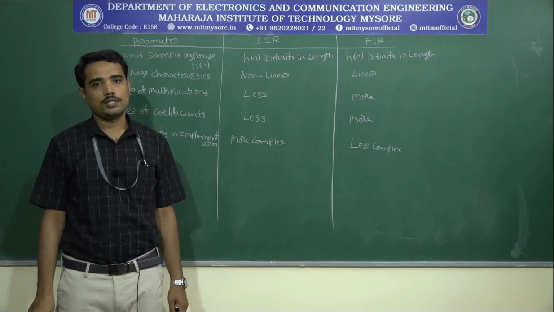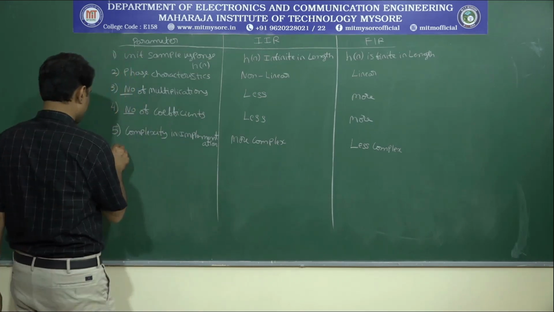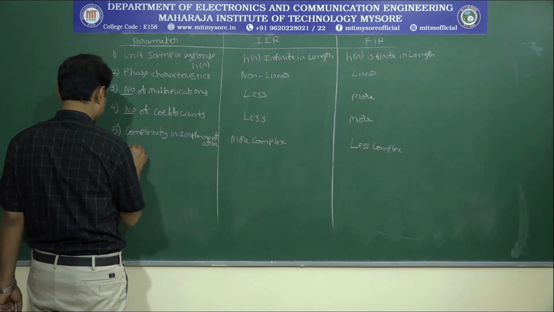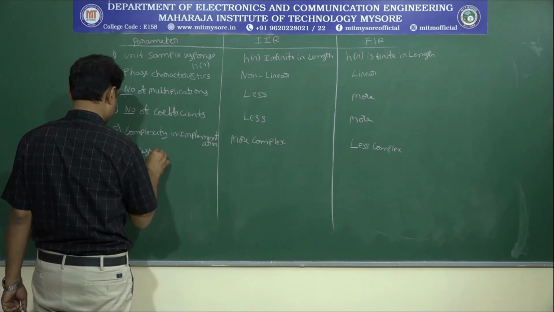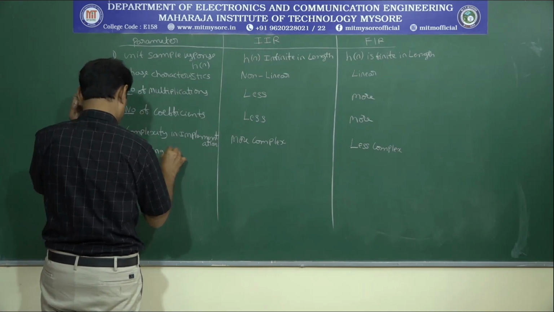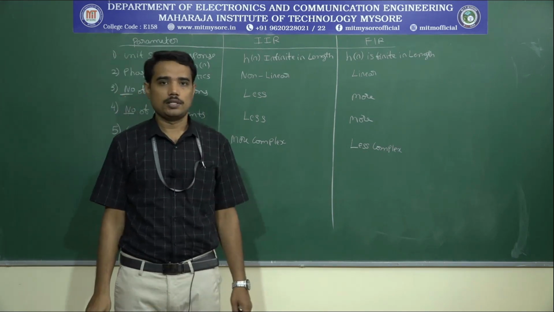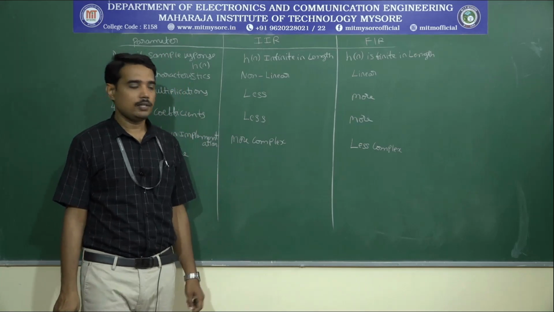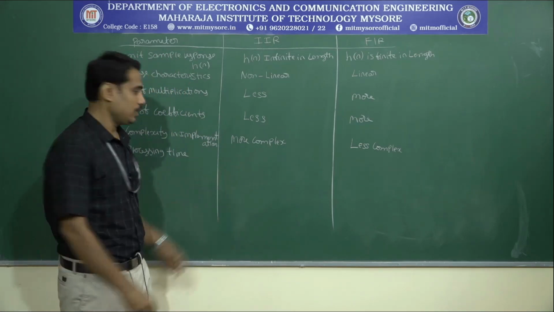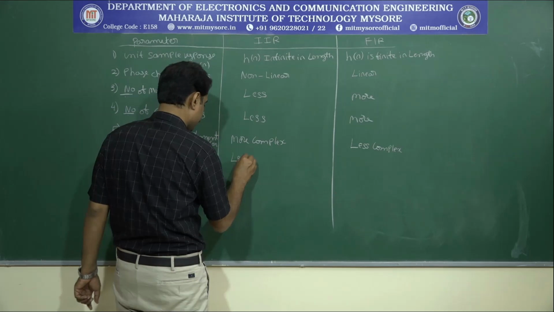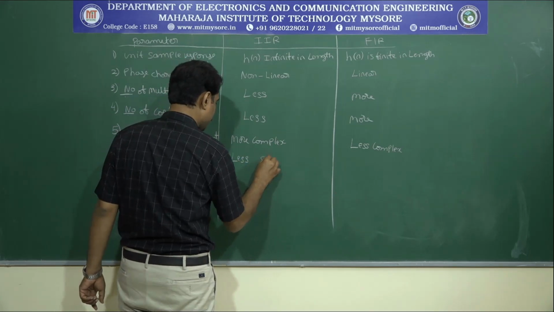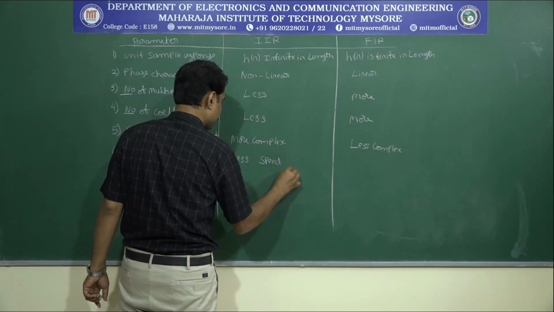Next parameter is processing time, or computational time. The computational time required for IIR is less, thereby speed is more.